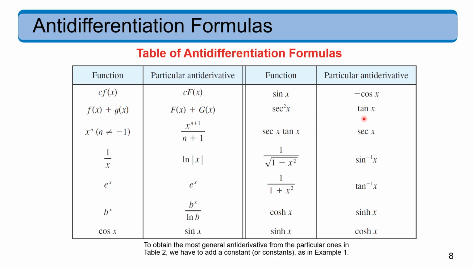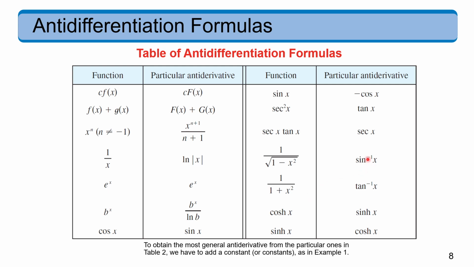This rule is starting from the derivative of tangent we know to be secant squared. So in this context, we're saying the antiderivative of secant squared is tangent. The next one comes from the derivative rule. Derivative of secant is secant times tangent. We just reverse that. And then all of these are just the reverse of derivative rules, right?